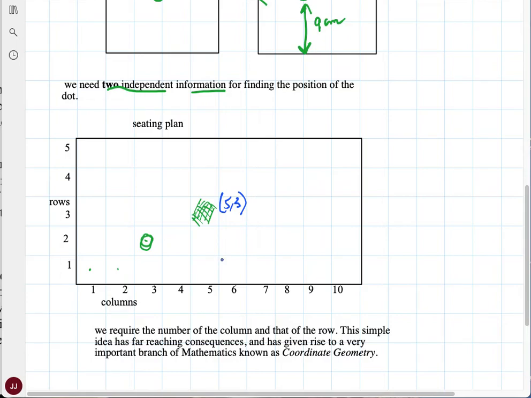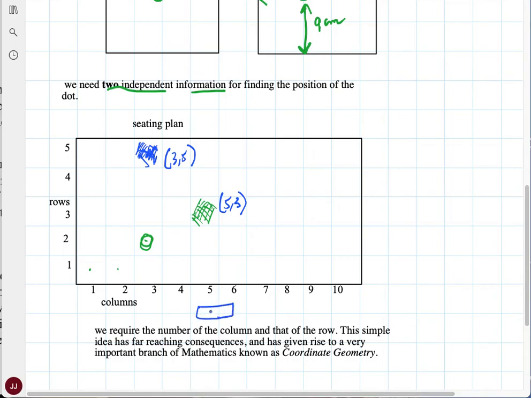So this will uniquely represent this position. Suppose we give 3 comma 5. 3 is the third column, this one, and fifth row is this one. So this is 3 comma 5. So this position is different, and each position is unique and represents a particular position of the student in the class.